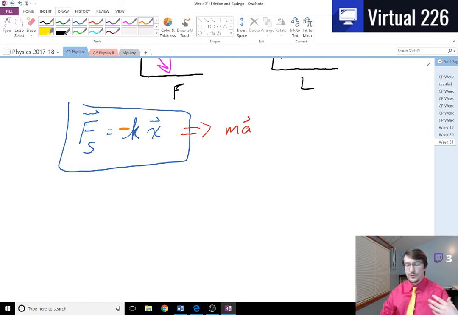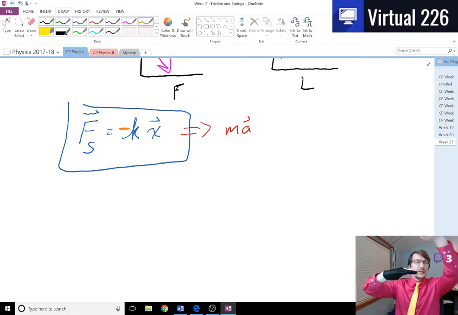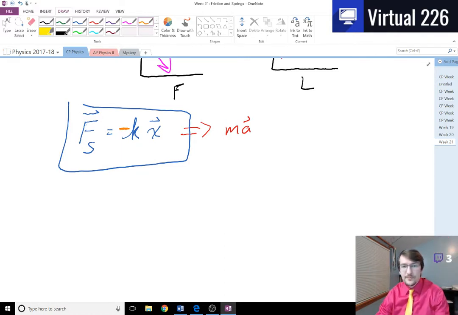If you did include the negative, it would work itself out mathematically, so everything would work. Some people really like including that negative. They like thinking, I've called this the positive direction of the spring, so it wants to pull back in the negative direction. Some people have a better time when they set up their free body diagrams.